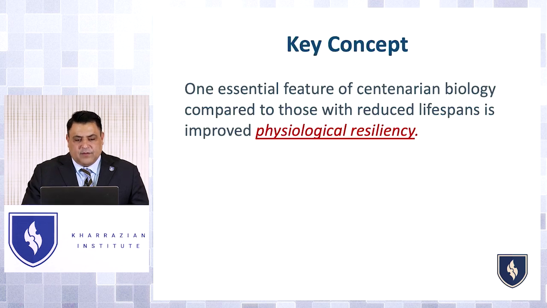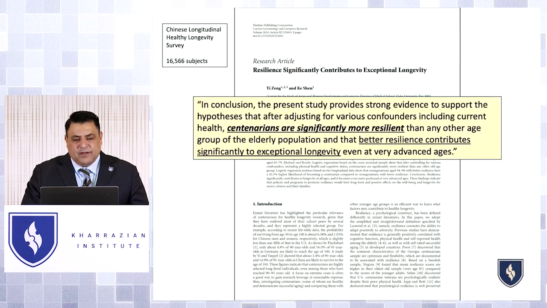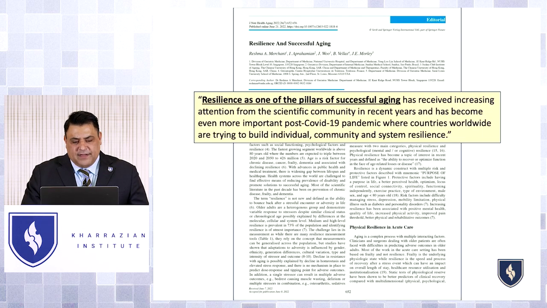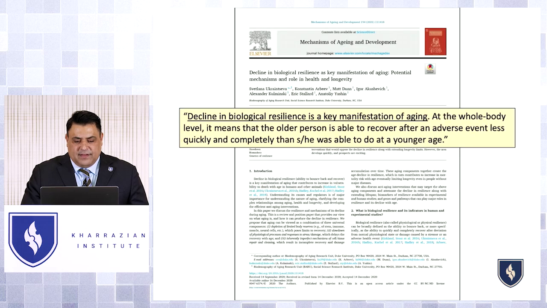And one of the key concepts we talked about is one essential feature of centenarian biology compared to those with reduced lifespan is they have improved physiological resiliency. And then in the first lecture of the course, we went over different studies that really talked about that's what they see as the key physiological difference between people that age well and centenarians and everyone else, is that they have really good resiliency.